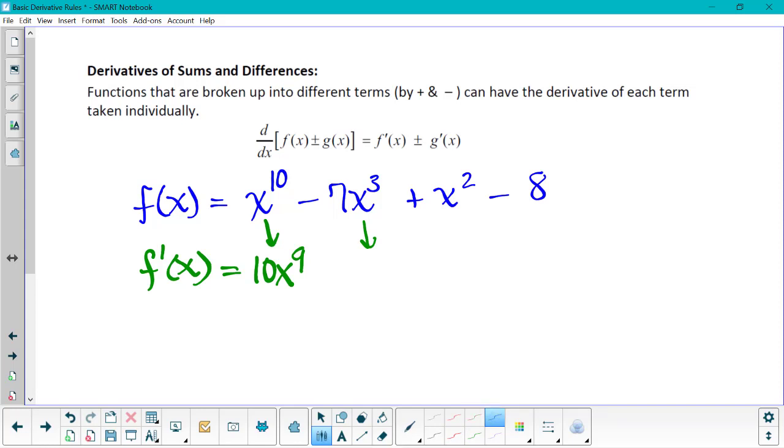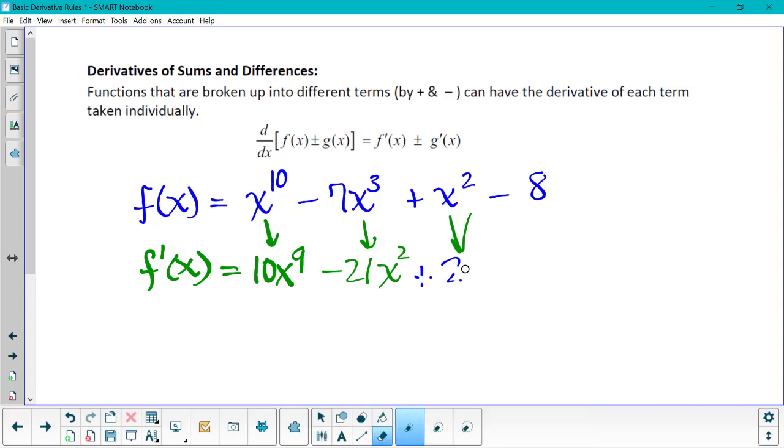So 3 times negative 7 is negative 21x to the 2nd. The derivative of x squared, using the power rule again, is 2x, plus 2x, and then minus 8.